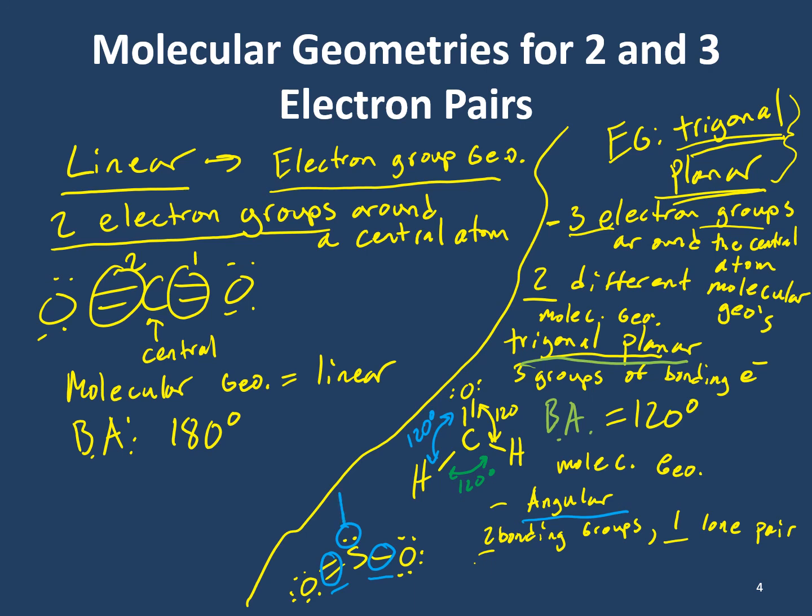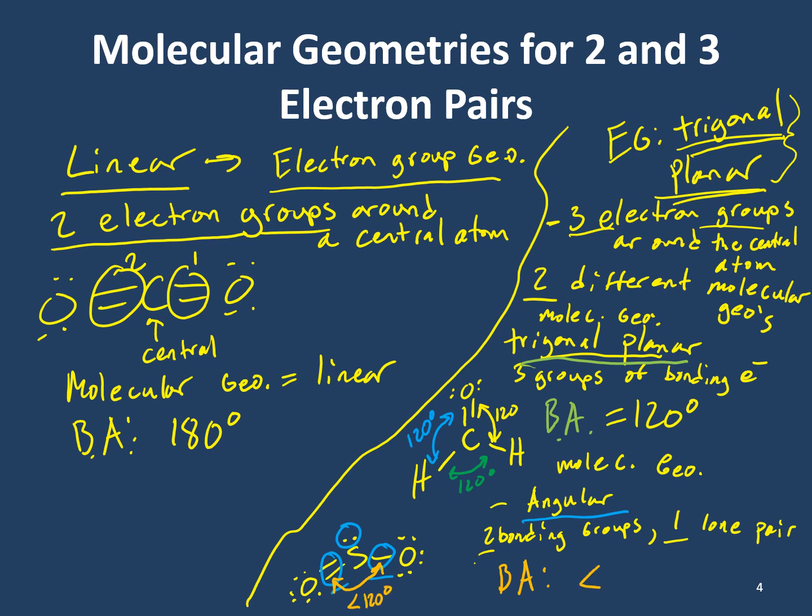There is no bond up here where the lone pair is, so the bond angle that we actually care about is just between the double bond and the single bond here. And this bond angle for an angular molecule is slightly different from a trigonal planar molecular geometry. This is going to be slightly less than 120 degrees.